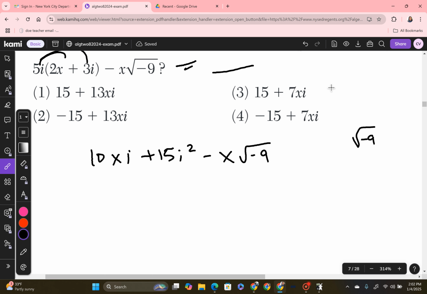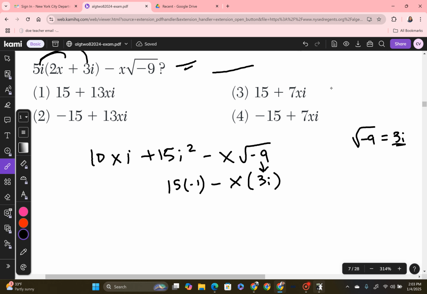Rad 9 is just 3. Rad negative 9 is 3i. So I can write this as 3i. Let me just not forget that x here. So there's an x here, and then this is times 3i, because the square root of negative 9 gives you 3i. i squared is the same thing as negative 1.